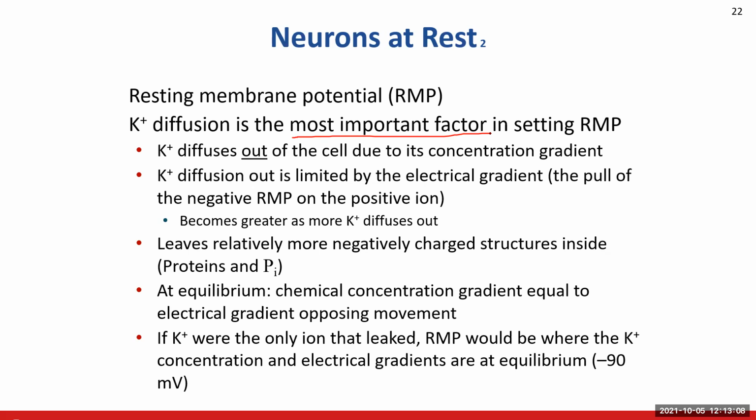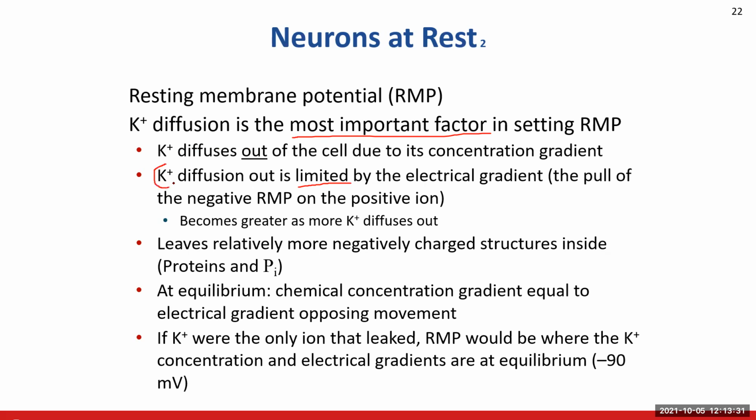And that's nice and all, because it's moving down its concentration gradient. But unfortunately, potassium is limited by the movement, because as it's moving down its concentration gradient, that is effective up until a point. But what's going on is, what do we see here?